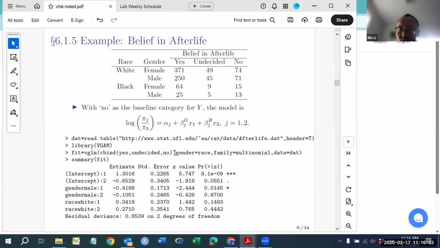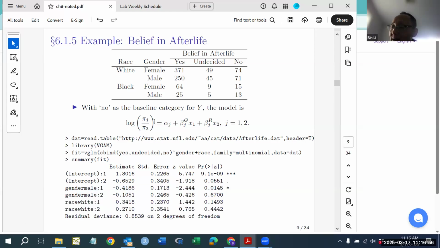Here we just use the additive model, with gender and race as additive effects. You can see we have 2 intercepts, 2 betas for gender and 2 betas for race. Why do we have 2 for gender, race, and intercept?